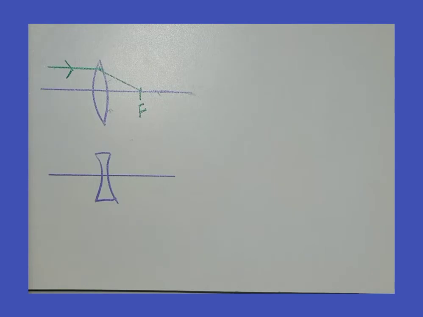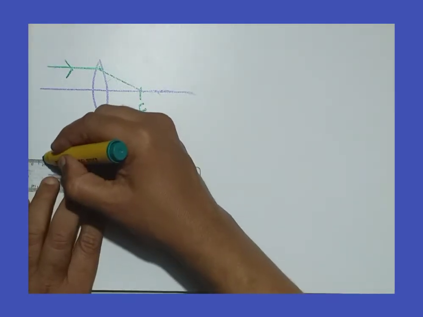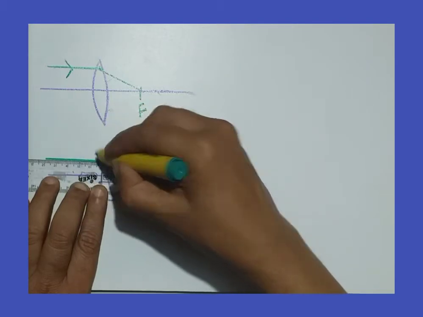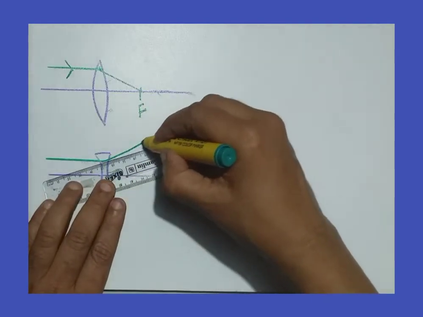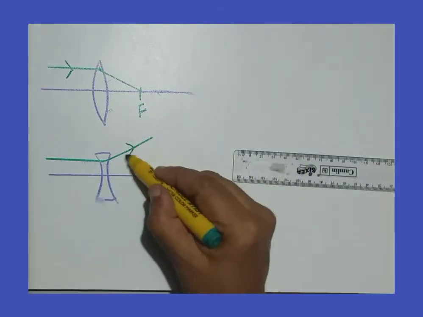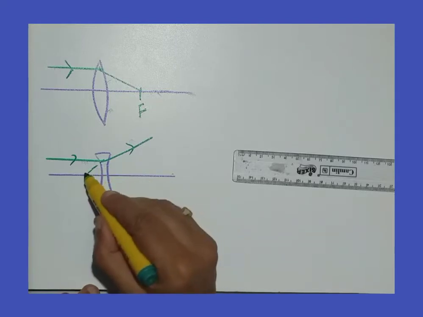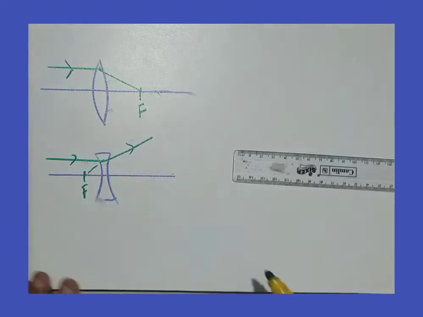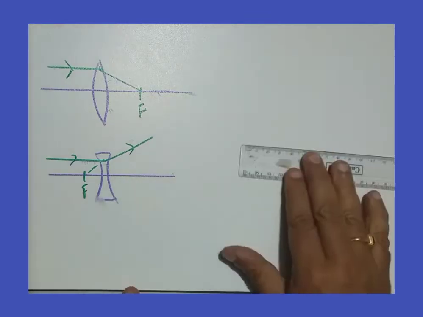And if I write an incident parallel beam from the left side like this, then it undergoes a divergence like this. Then it appears to come from a point on the principal axis on the left hand side. This point is called the principal focus for the concave lens.